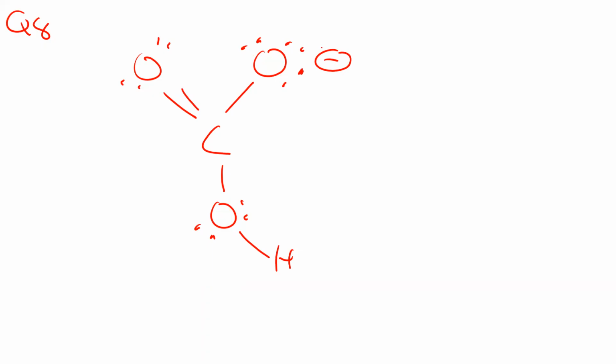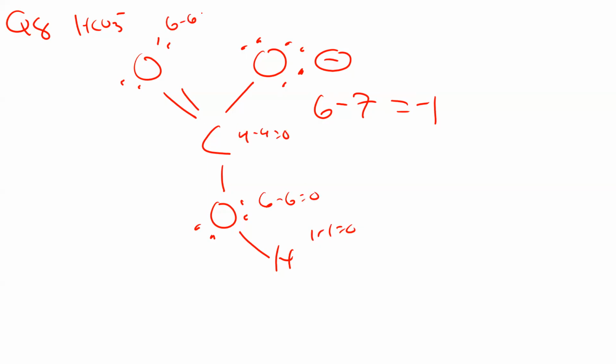So how do you get the minus here? Recall that this is HCO3 minus. If you count, oxygen should be 6 minus 7. You count, there'll be 7. You'll get minus 1. Everything else will get 0 because 1 minus 1 equals 0, 6 minus 6 equals 0, 4 minus 4 equals 0, and 6 minus 6 equals 0.